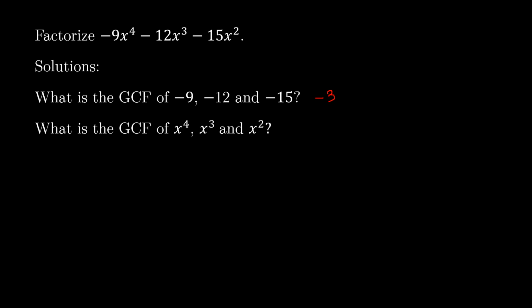So let's try to look at this. x to the 4 can be expressed as x times x times x times x. Then x cubed can be expressed as x times x times x. And obviously x squared can be expressed as x times x.